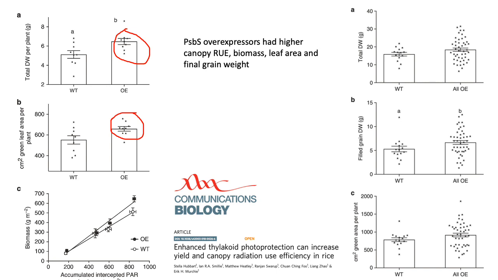So this is the amount of biomass that's corrected by the amount of intercepted radiation. We also noted a higher total dry weight and a higher filled grain dry weight. So our conclusion was that enhancing thylakoid photoprotection by overexpressing PSBS increases both yield and canopy radiation use efficiency in rice.